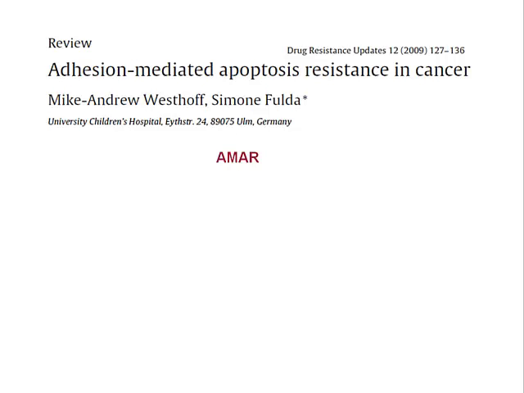Now, we believe that anoikis is an important aspect if we talk about adhesion-mediated apoptosis resistance. So a cell, depending on the context it exists in, can become more resistant towards apoptosis. Cells interacting with other cells are less likely to die than cells which are not interacting with other cells or with the extracellular environment.